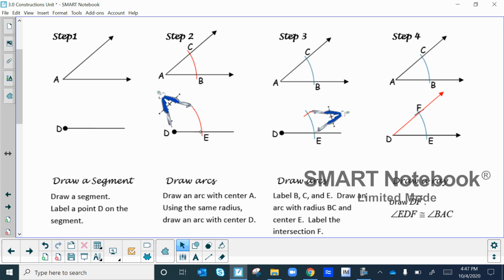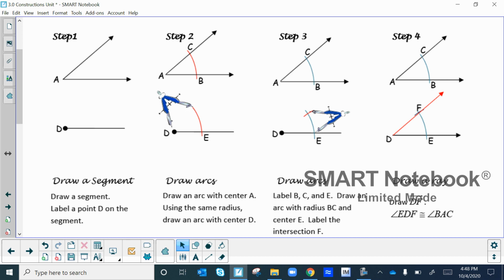And then as we move to step 3, this BC, we will measure with our compass how far apart those 2 points are. And then come to the bottom and place your compass right here on E, and we're going to make this important arc right here.